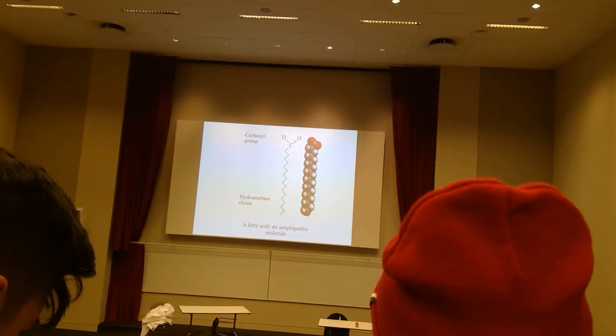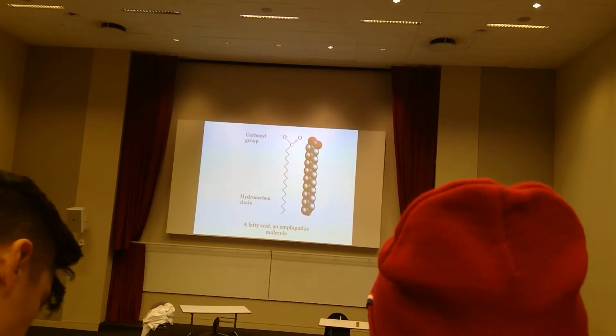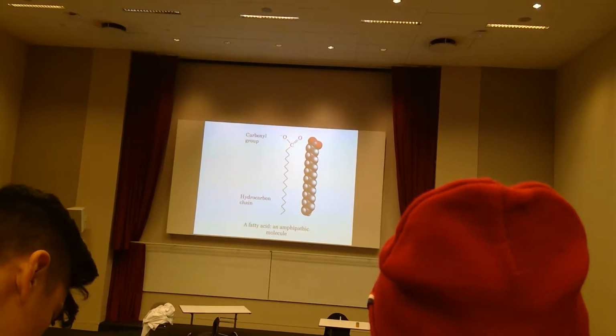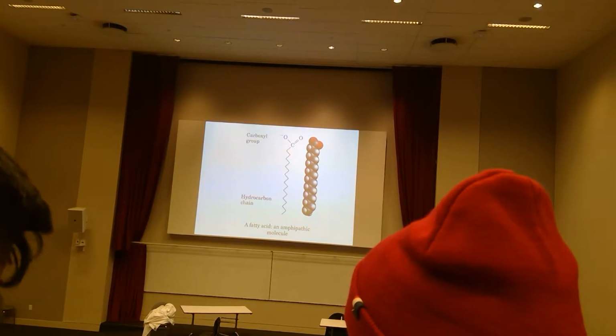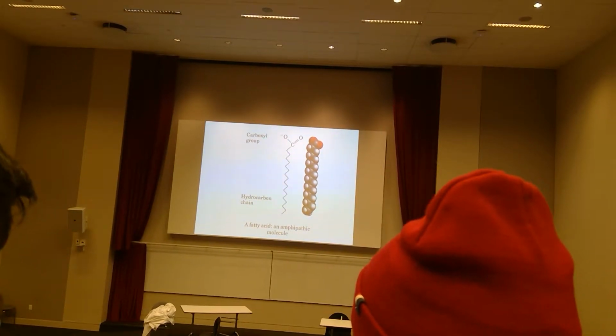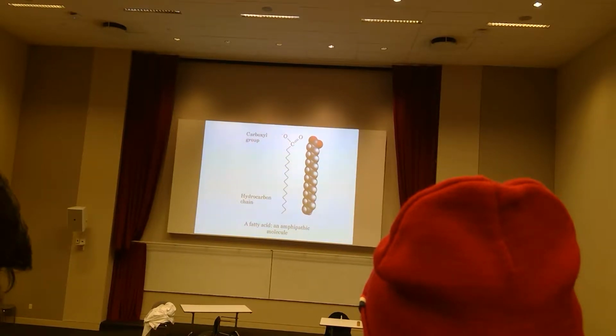But let's get to perhaps the most basic lipid, which is a fatty acid. And this is an amphipathic molecule. We've talked about amphipaths over and over again in this class, but you'll see that it has all the features of an amphipath because it has a hydrocarbon chain. This is going to constitute the hydrophobic group, and then it's got a carboxylic acid group at the head, and so this is the polar charged species.